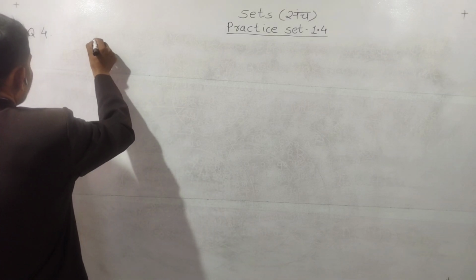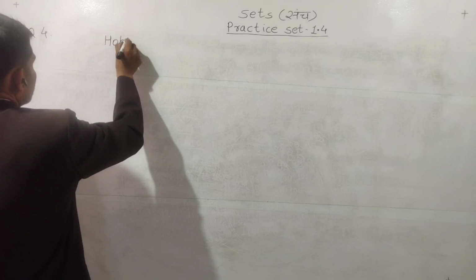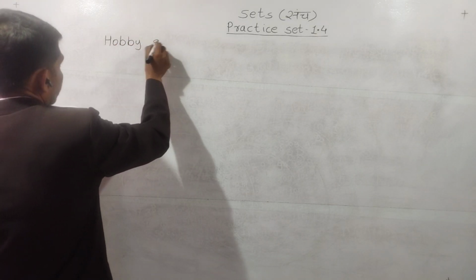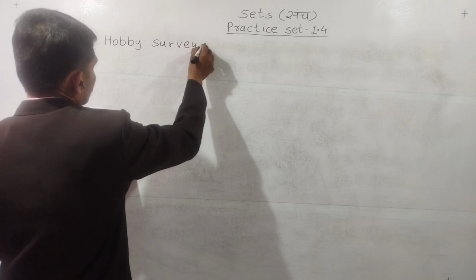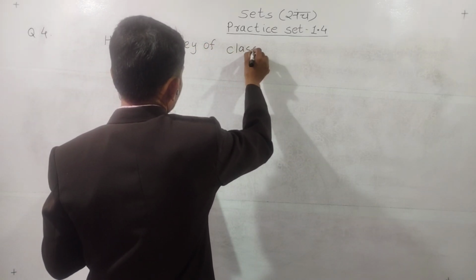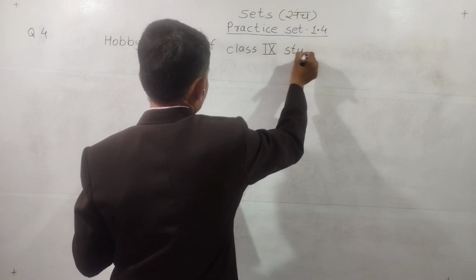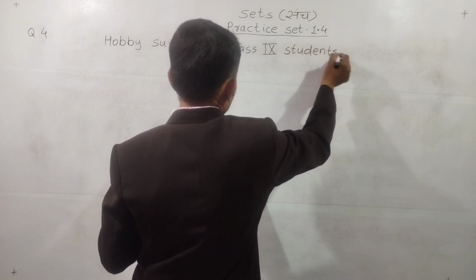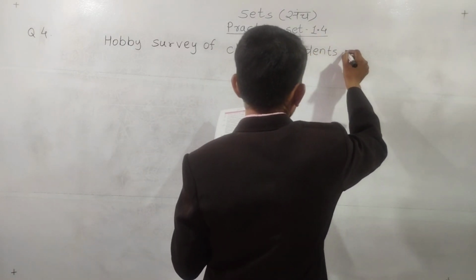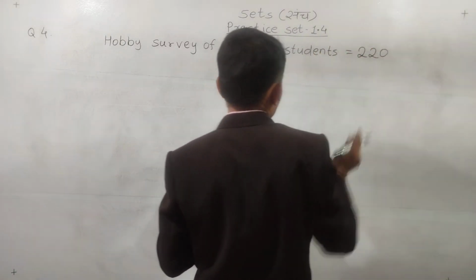Now we will write the first condition. Hobby survey of class ninth students is equal to 220 students. Okay.